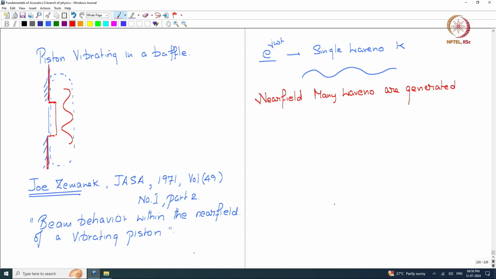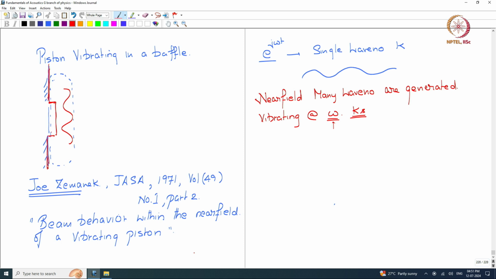All of them vibrating at omega. An infinity of wave numbers k's will be generated. So a continuous wave number spectrum will be generated at a single omega. Then you can have this step jump.